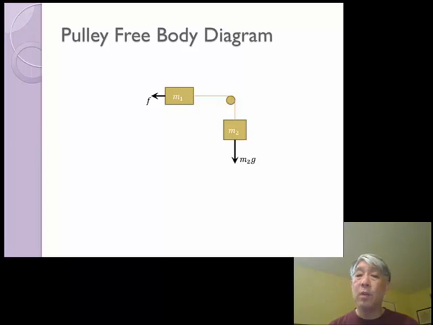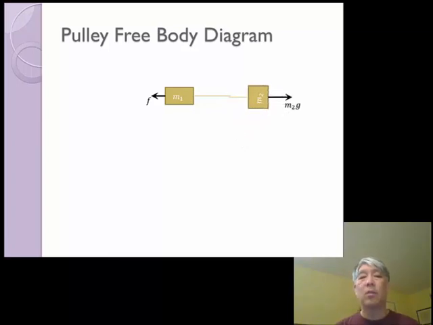But what we do need to do is remove the pulley from the system and straighten out our two-body system into a single dimension. So let's get rid of the pulley, and then we'll rotate M2 so that everything is in one dimension. Okay, the force of friction is to the left, and the force of gravity on M2, M2g, is now to the right.